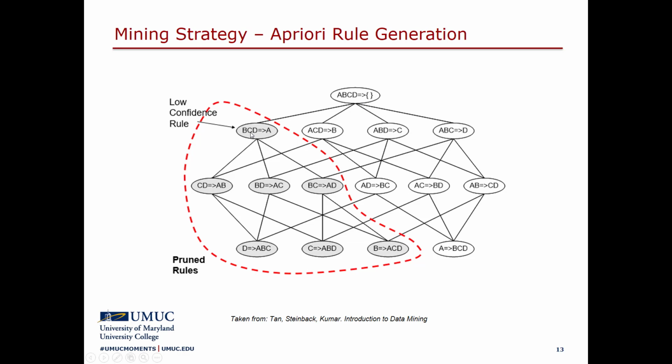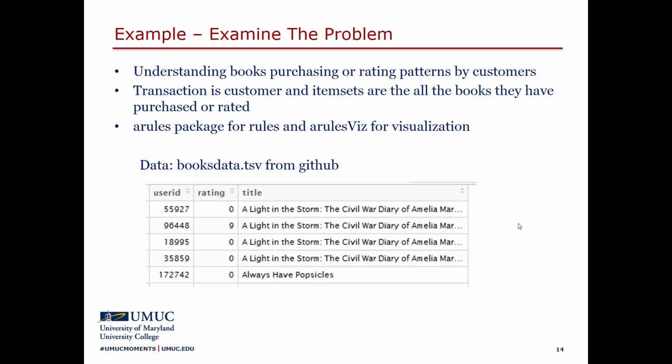If you happen to find that BCD leading to A does not satisfy the confidence threshold, that is, if it is a low confidence rule, then any rules extracted from this set with a subset on the antecedent side, like CD, which is a subset of BCD, or BD, all of those resulting in the corresponding consequent items will also be low confidence rules. So you can cut the search space by applying this logic on each individual item.